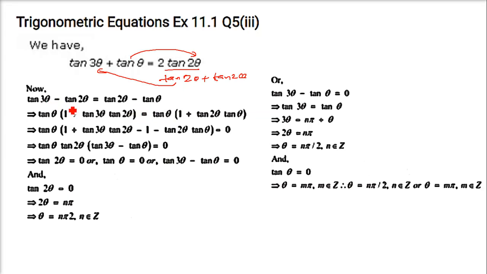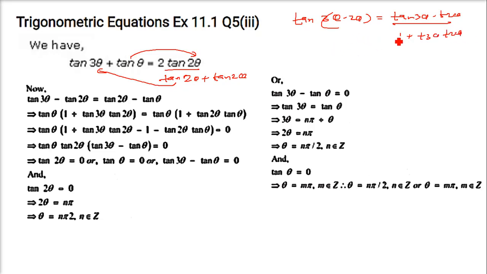See, tan of 3 theta minus 2 theta is what? Tan theta only. Tan 3 theta minus 2 theta is tan theta only, and this is equal to tan 3 theta minus tan 2 theta by 1 plus tan 3 theta tan 2 theta.